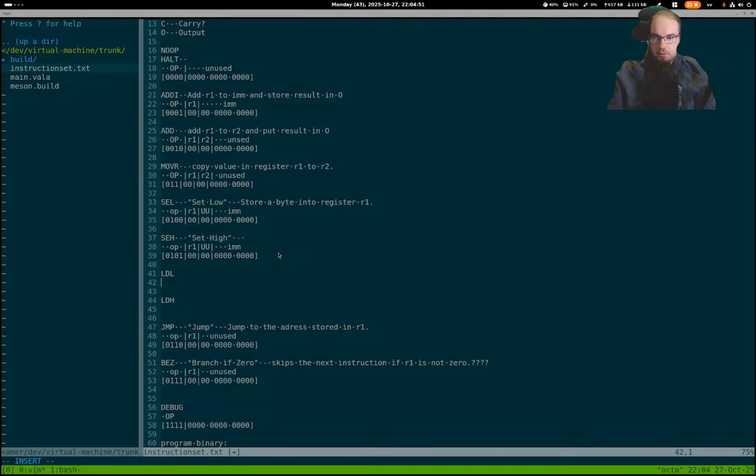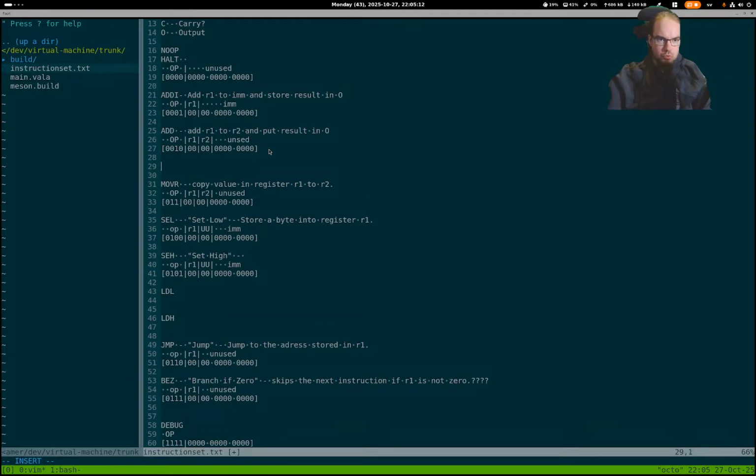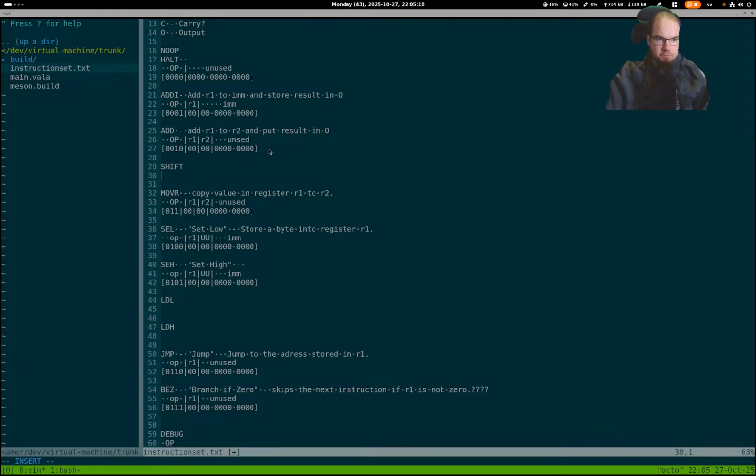We have no shifts, by the way. Do we need shifts? Is that useful? Really like to have shifts. So shift. Up. Those are capital.